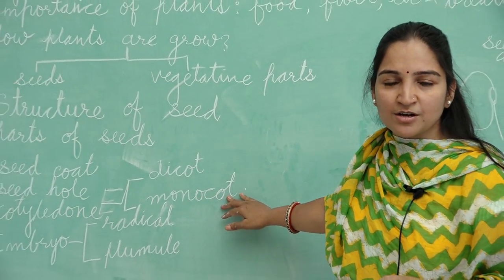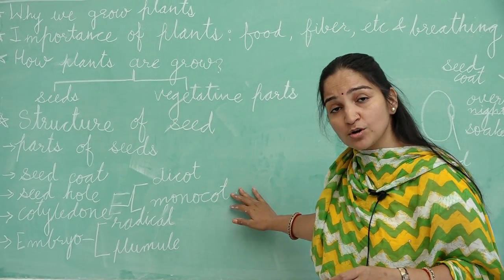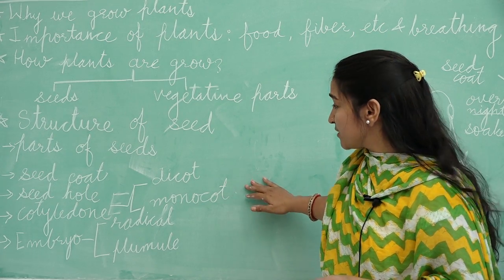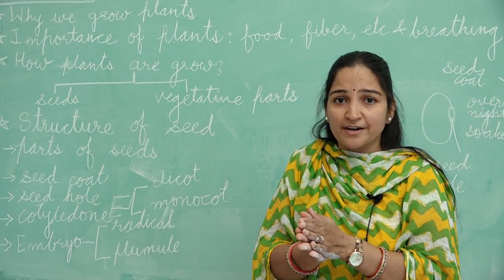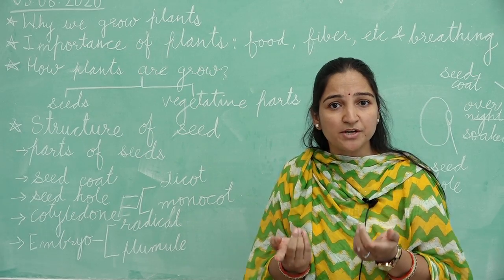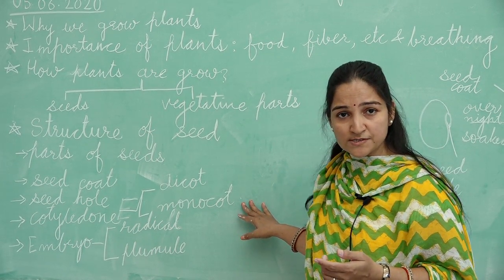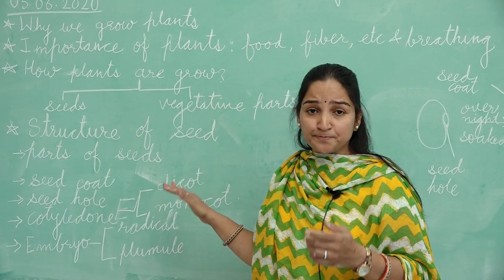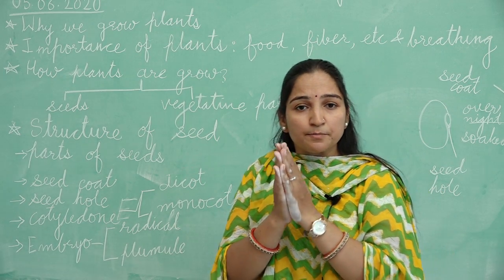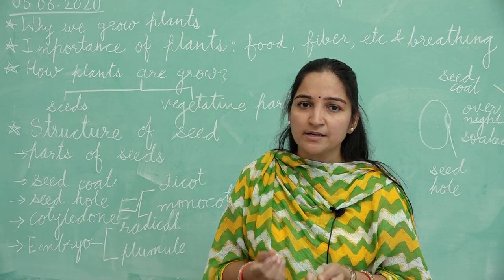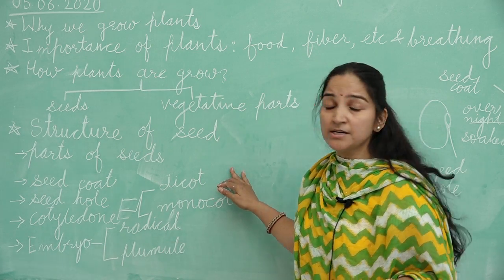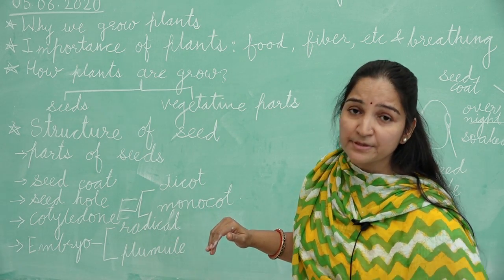Why is it called a monocot seed? Because when I try to divide it, it can't be divided into two equal parts. And when I break it into two parts equally and easily, then it is called a dicot.